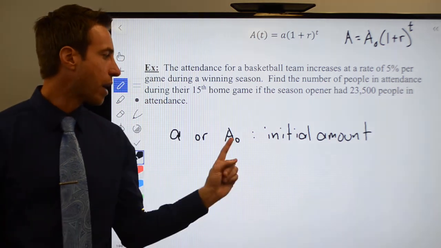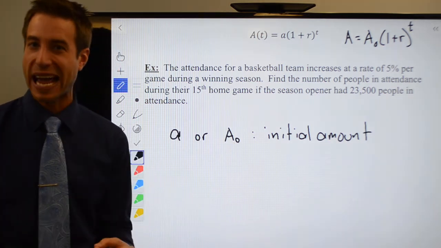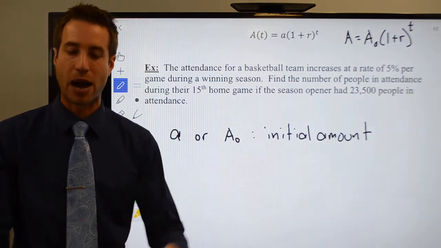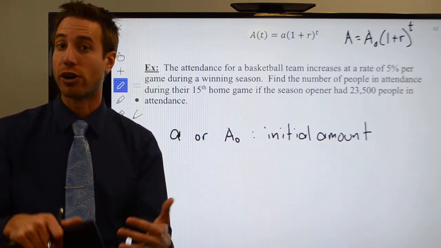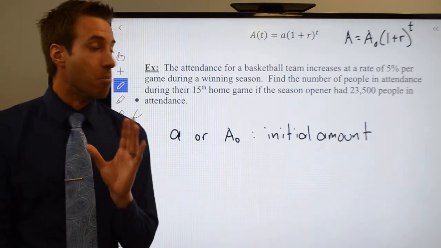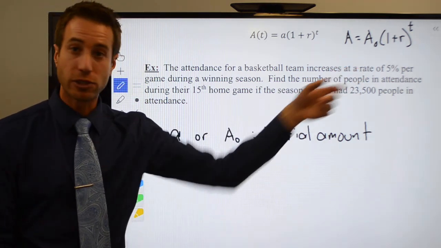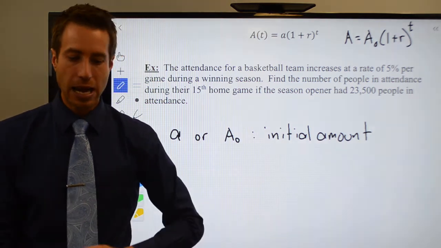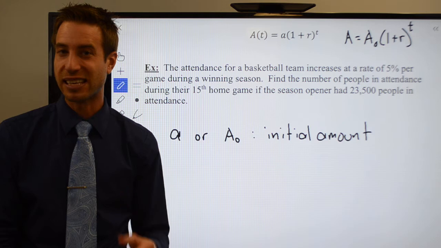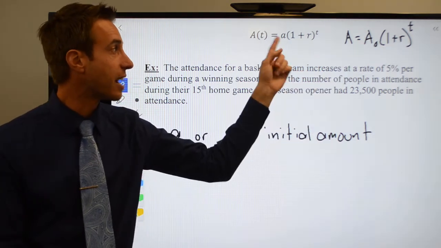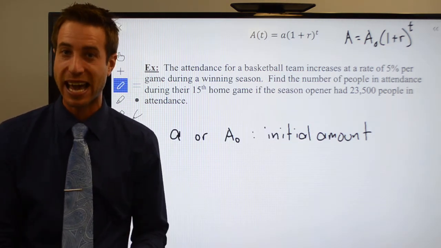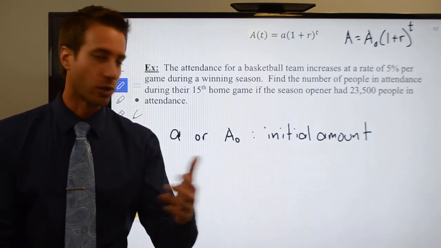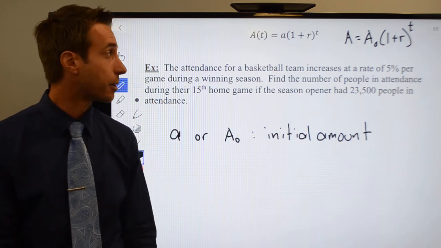Whether you call it A0 or A naught, it just simply means A initial, the initial amount. How much are you starting with? Most of the time, I prefer to use A naught. So if you're taking this class with me, on quizzes and tests and things like that, I'll almost always use A naught as opposed to lowercase a, just for consistency in my class. If you're taking this course somewhere else, it depends on what your teacher likes better.